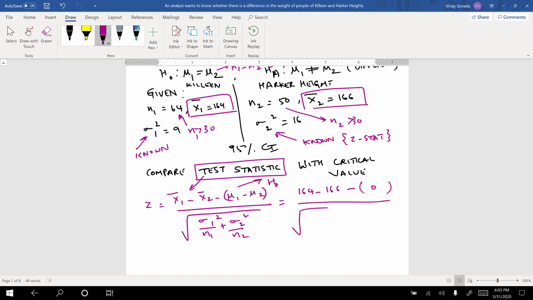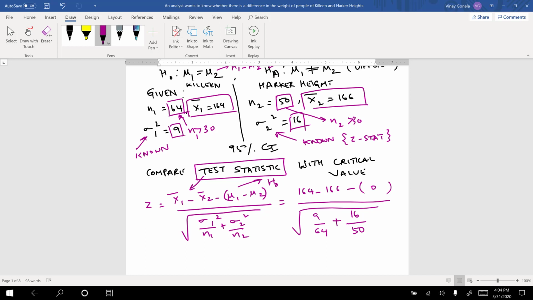divided by square root of sigma 1 square is 9 over n1, n1 is 64, plus sigma 2 square is 16 over n2 is 50.